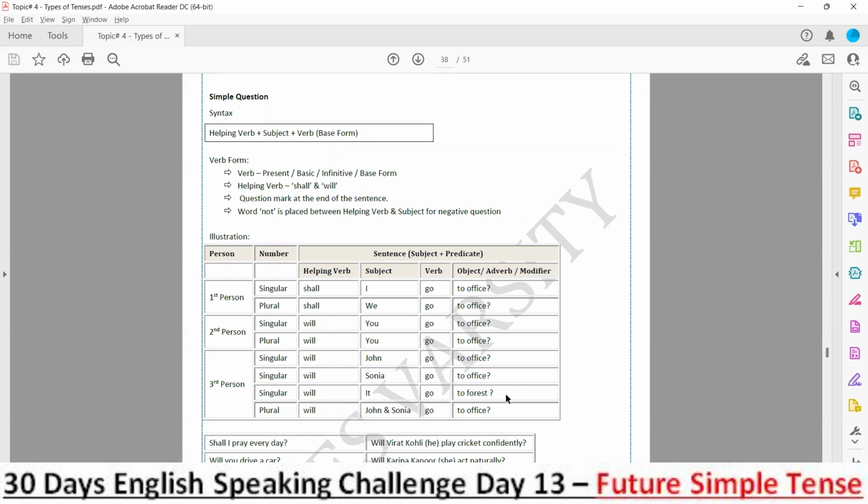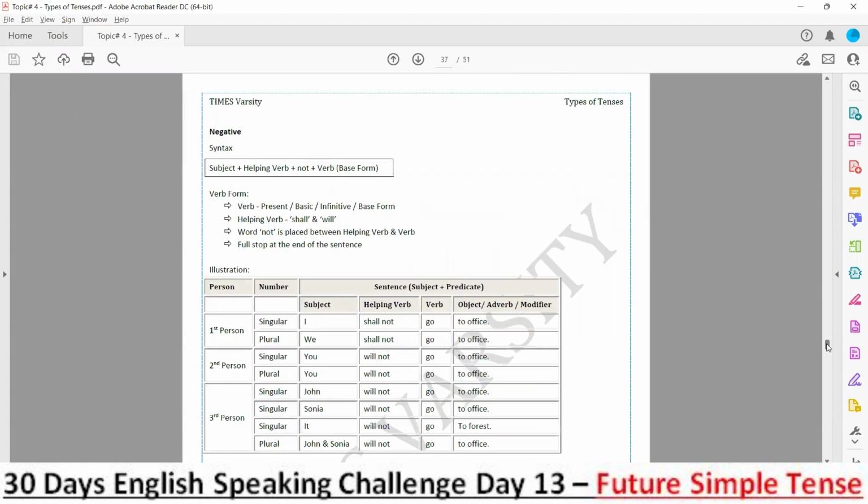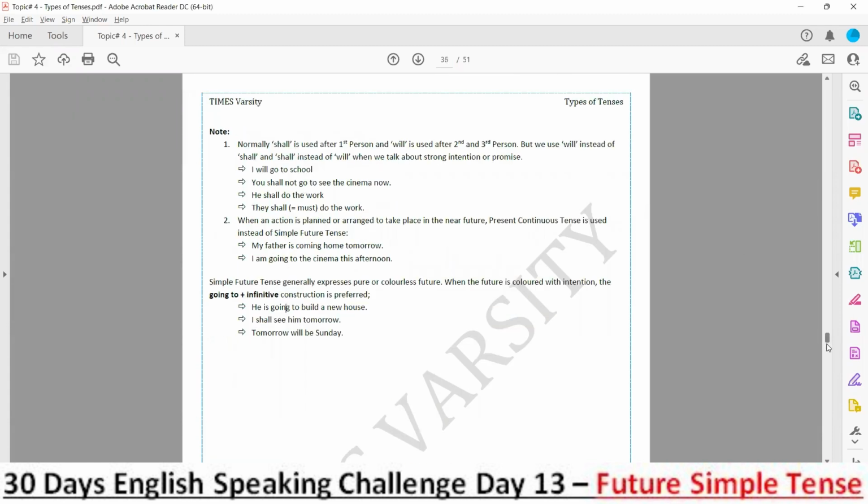Will it go to forest? Similarly, will Sonia and John go to office? Okay, so just bring the helping verb before the subject. That's all, nothing technical.